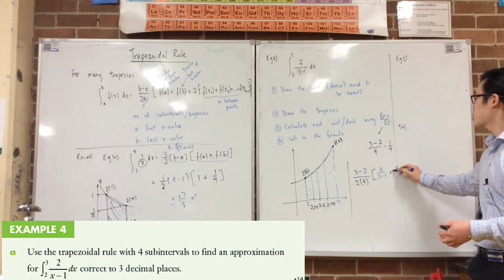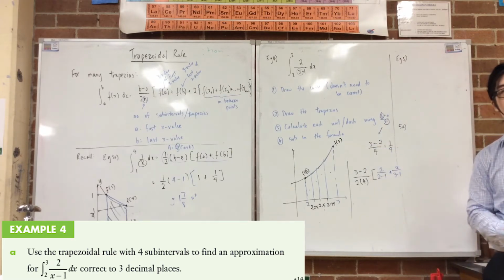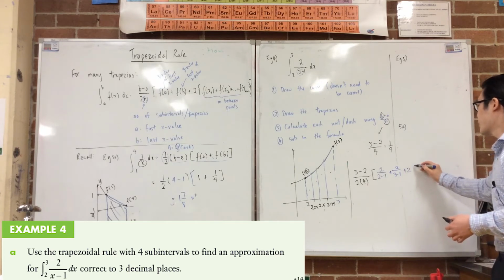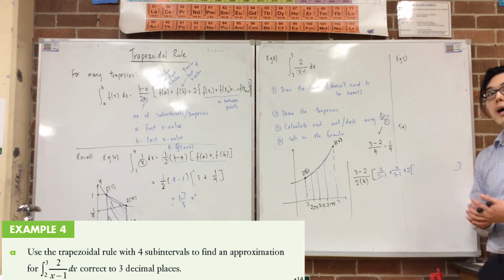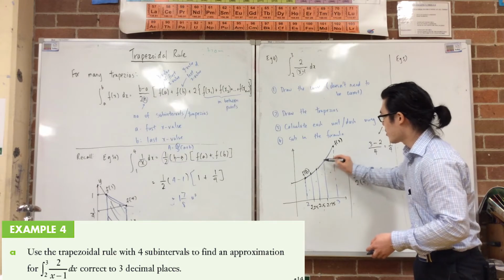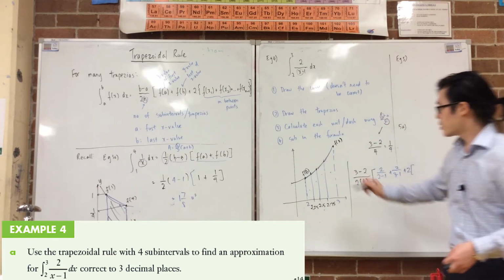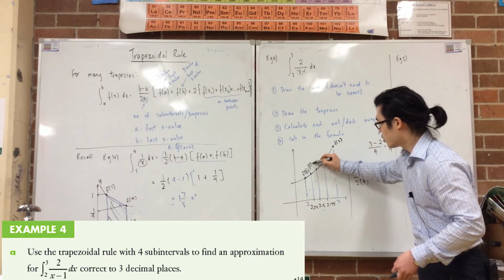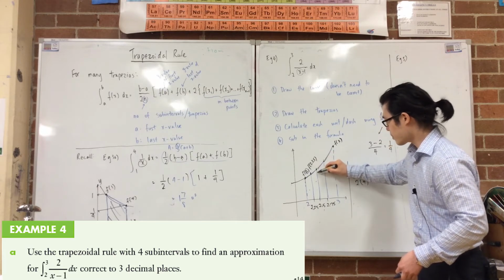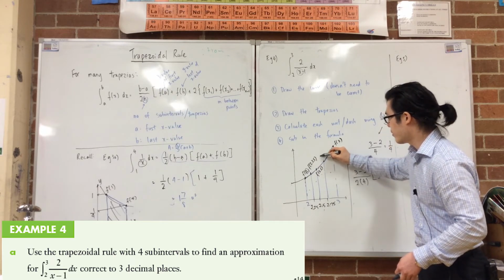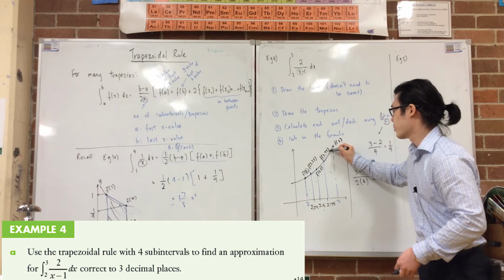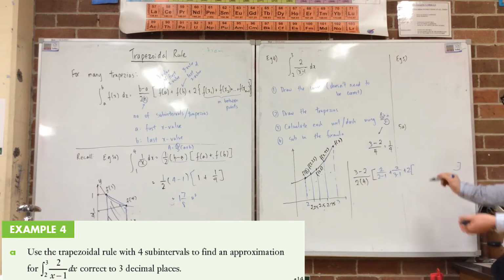So then I would write 2 over 3 minus 1. Plus, we've got to get all the y values in between the first and the last. So we need to calculate f of 2.25, f of 2.5, and f of 2.75. It's a long step, but it is what it is.